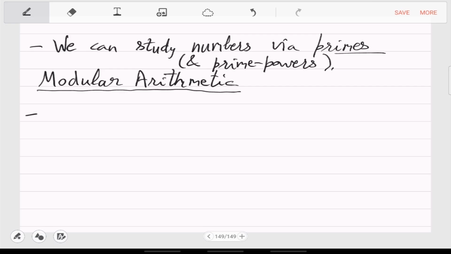Okay, so are you aware of this modular arithmetic? What is the term modular for numbers? Not to be confused with modular forms if you are too advanced in math. This is something trivial.